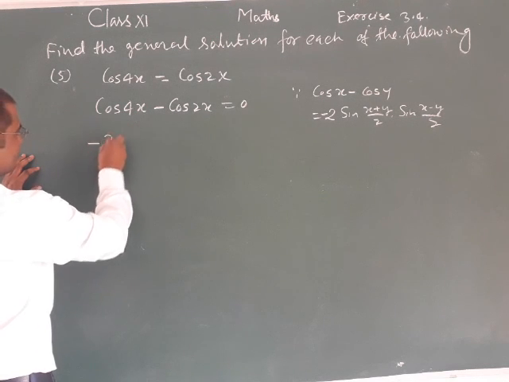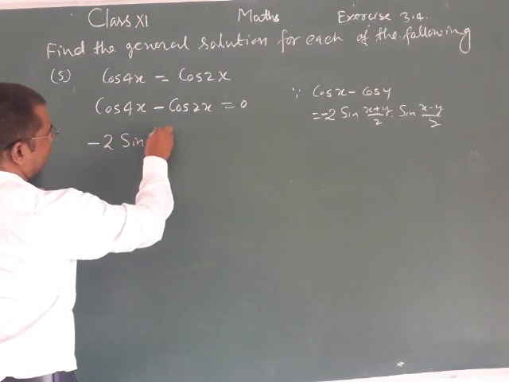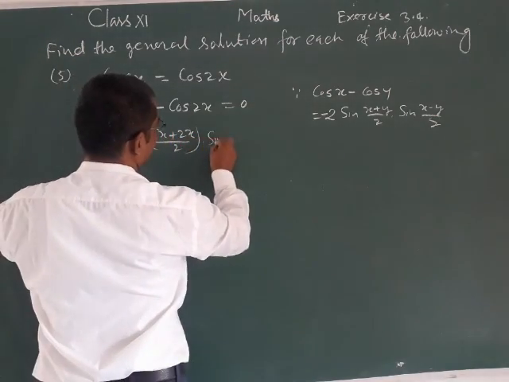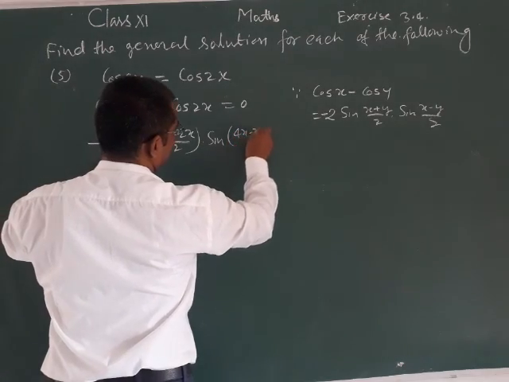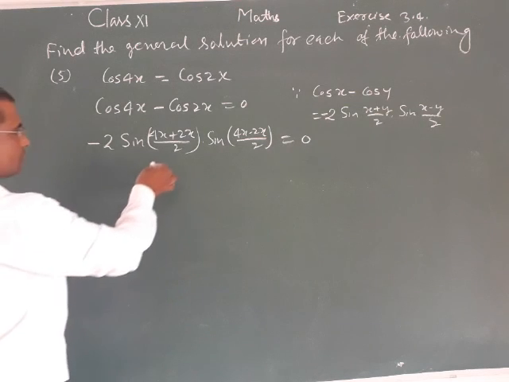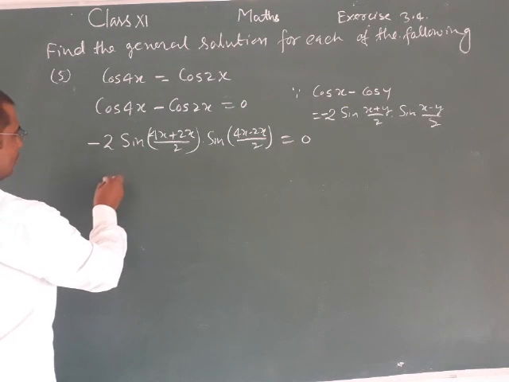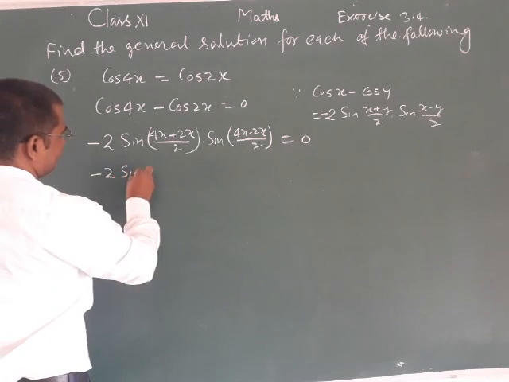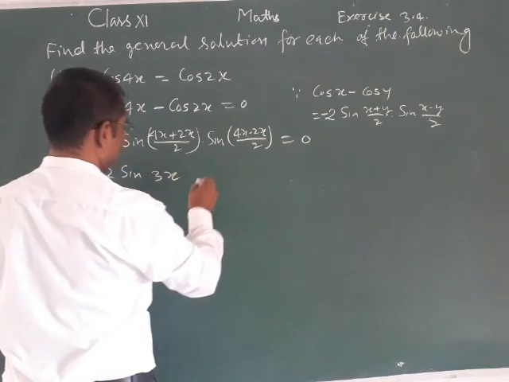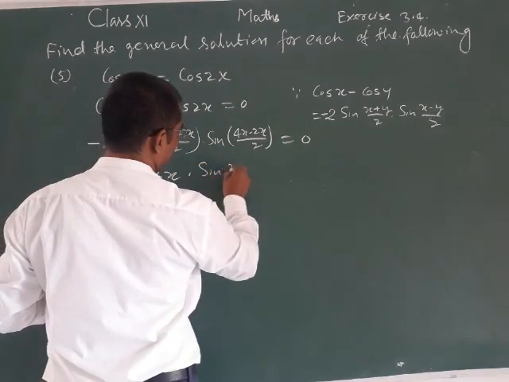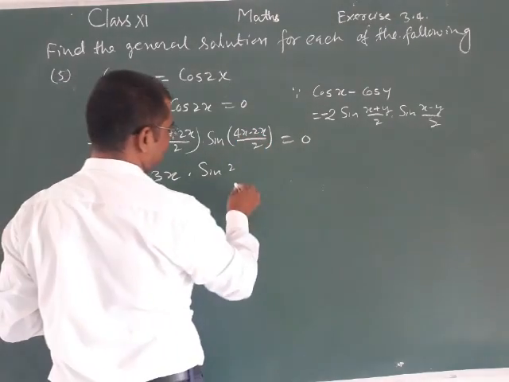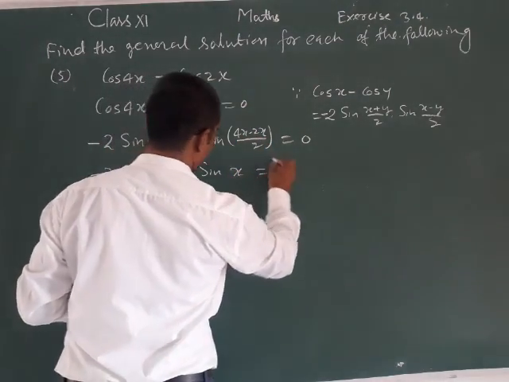So minus 2 sin (4x plus 2x) upon 2 into sin (4x minus 2x) upon 2 is equal to 0. Also you can write, minus 2 sin 3x into sin x is equal to 0.